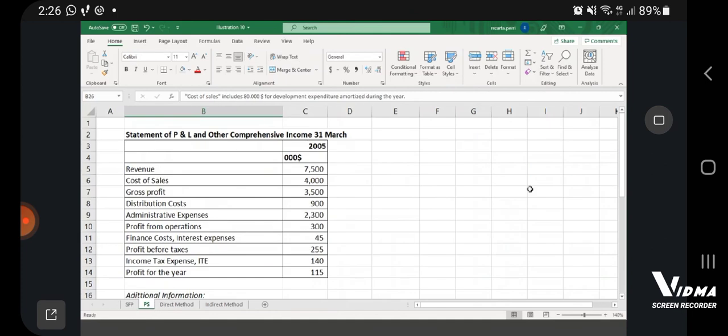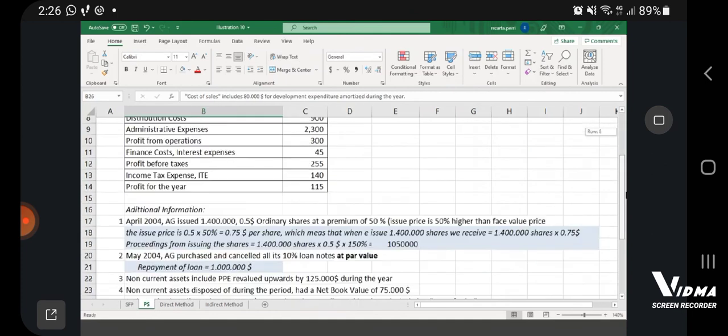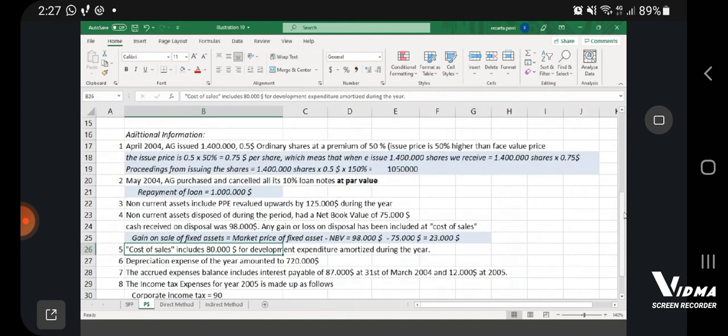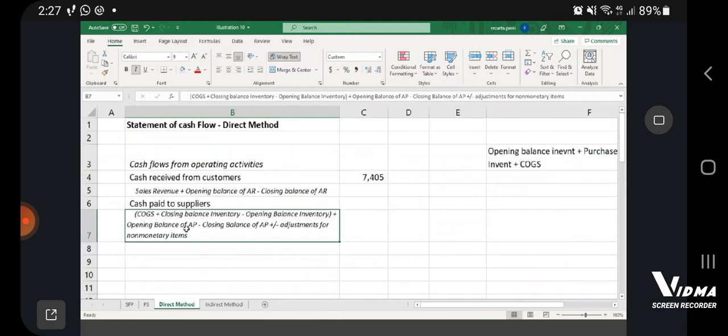And if we go back to the additional information, remember that at least we have included as non-monetary in the cost of sale 3 items. The gain on sale of fixed assets, we have included the depreciation, and we have included also the amortization over here. So these 3 items that are included in the cost of sales should be taken into account as the adjustments for non-monetary items over here.